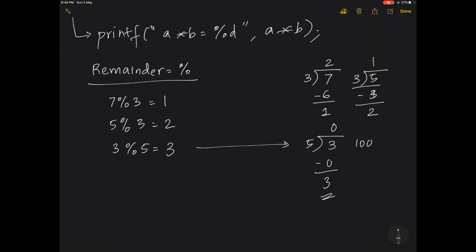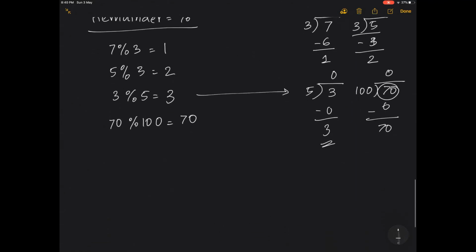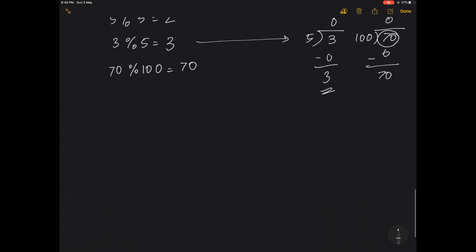Any bigger number you write on the outside and smaller number on the inside, it will always go 0 times, and the remainder is actually the number that is written inside. Meaning, if you write a small number on the left hand side of the modulus operation, the answer will always be the number on the left hand side. Now remainder or modulus operation does not work with float variables.